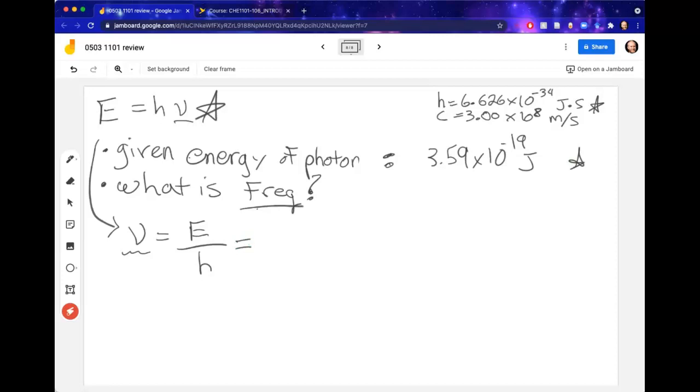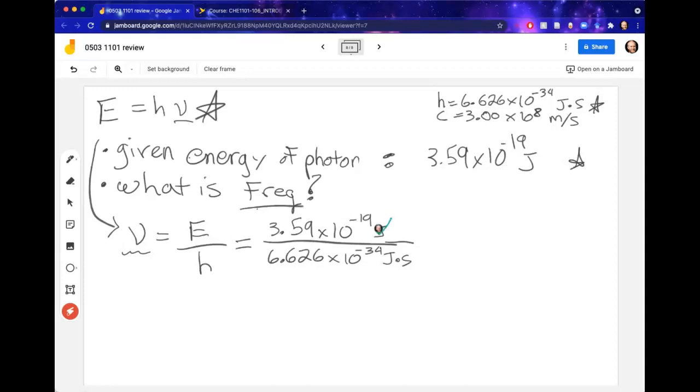So on the top, I'm going to write 3.59 times 10 to the minus 19 joules. And the value of Planck's constant on the bottom. And this is joules times seconds, folks. Energy times time.